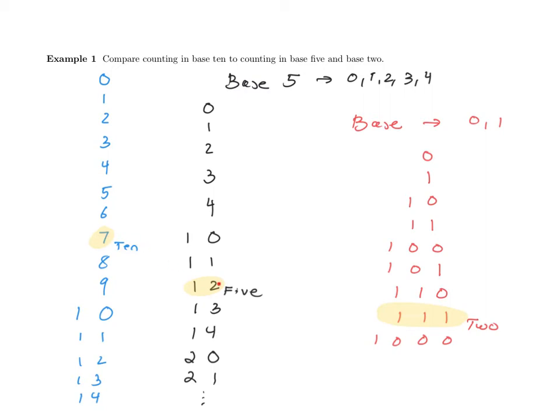You can convert back and forth between any number that appears in a given base. So if you have 7 base 10, that's equivalent to writing 12 base 5. Or if you're in base 2, it's equivalent to writing 111. What we'll look at next is how you can convert back and forth between numbers in different bases.